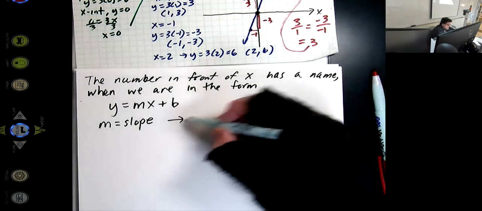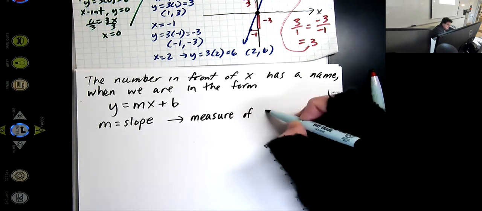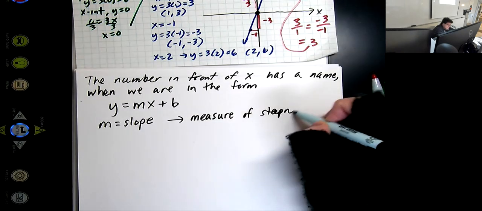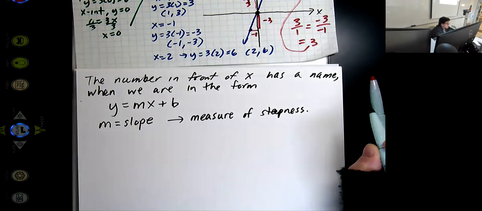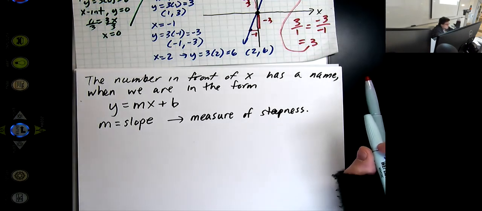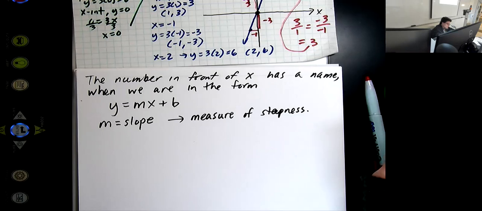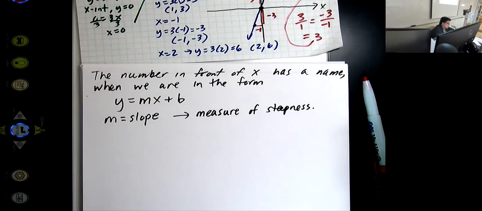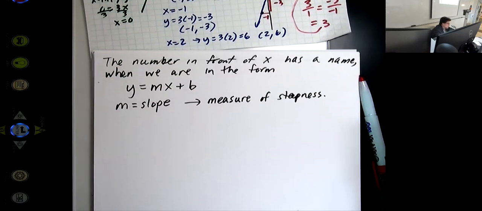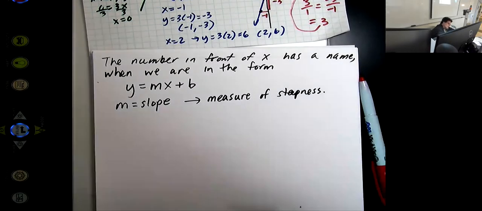This is a measure of steepness. The larger the number is, the closer that gets to being a vertical line. Numbers that are fractions, between 0 and 1, we'll see that looks kind of flat. It's a measure of steepness.